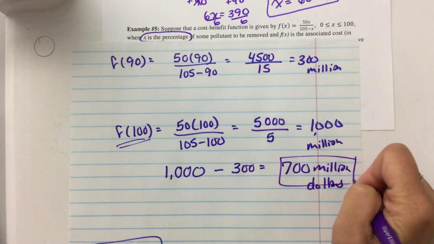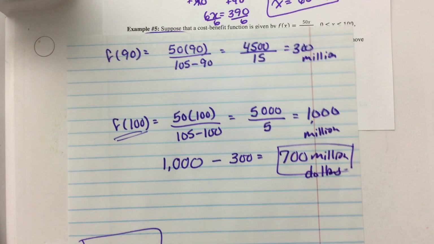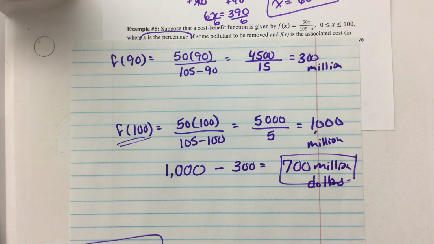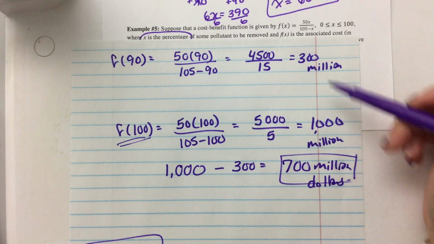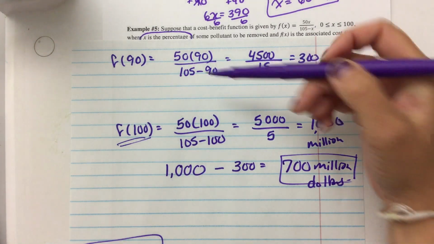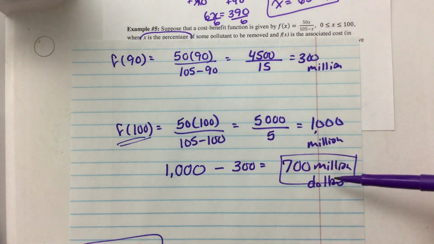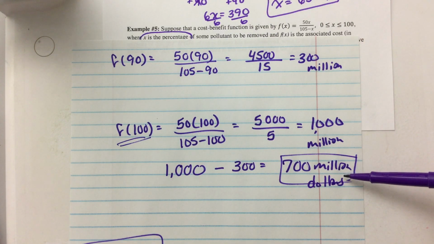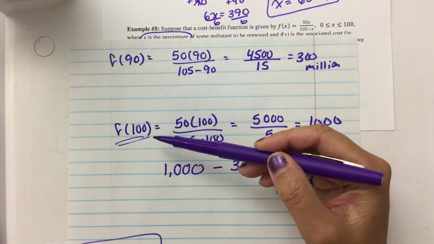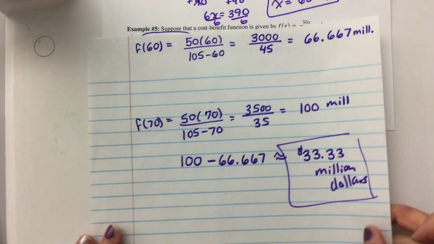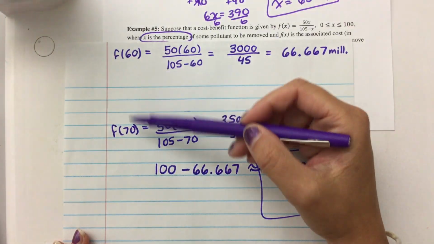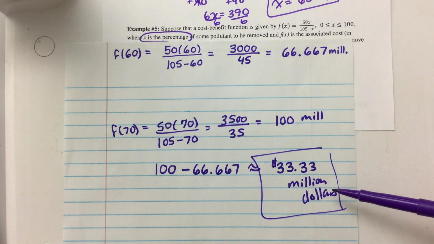So what they want you to realize is that as you remove more and more of a pollutant, the cost gets higher and higher and higher. This is still just a 10% difference. You're going from 90 to 100, but it's $700 million more because you're getting close to having no pollution at all. Where at the beginning of the problem, when we went from 60 to 70, it was only $33.3 million.